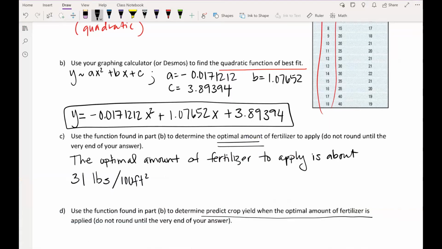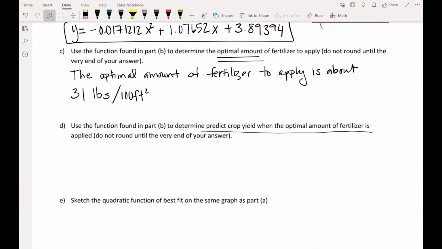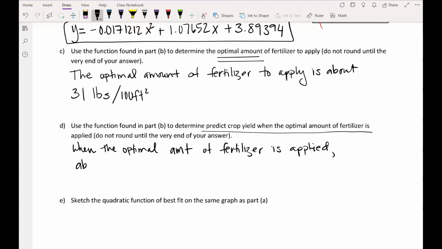So when the optimal amount of fertilizer is applied, about 21 bushels is produced, or yield, okay?